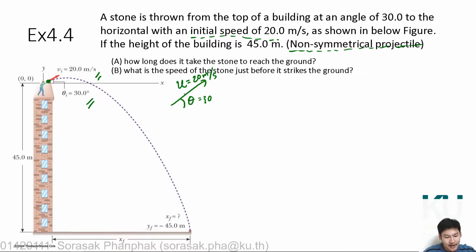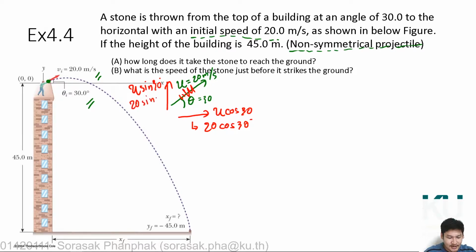If I would like to break into components, because I would like to calculate separately in the x and y directions, I get ux as u cos 30, which is 20 cos 30. This is ux. And uy, if I break it out, is going to be u sine 30, which is 20 sine 30.